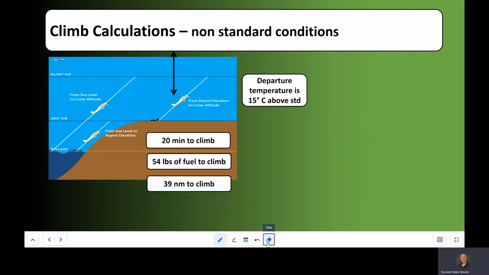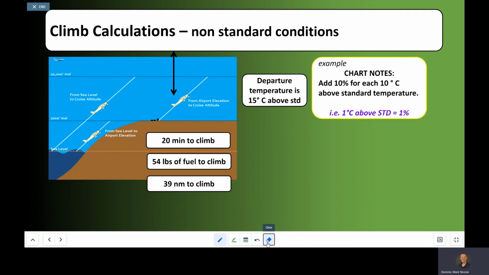In this case, we'll say in our example here, we're 15 degrees above standard. Of course, we can easily find that out with departure temperature and standard temperature for our departure altitude. But 15 degrees above standard here, the chart says add 10% to your numbers for each 10 degrees Celsius above standard.